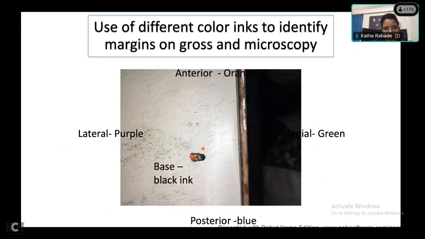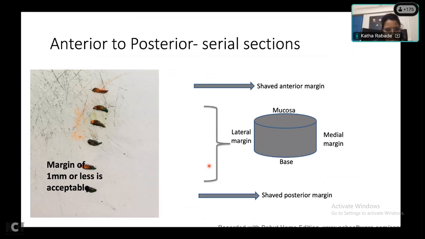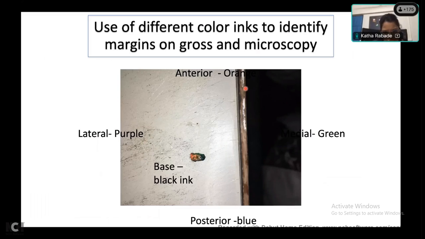For laser excision, a very tiny specimen is received. The specimen is inked with different inks because it is so tiny. Laterally it is inked purple. On the medial side it is inked green, posteriorly blue, and anteriorly orange.